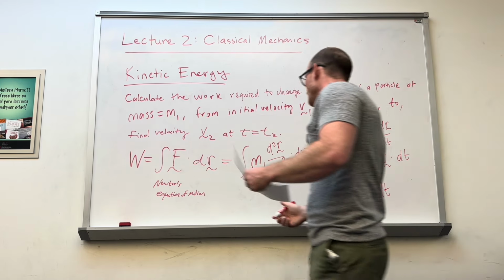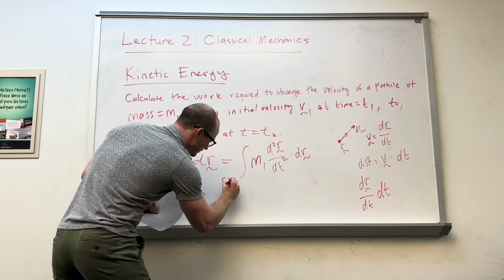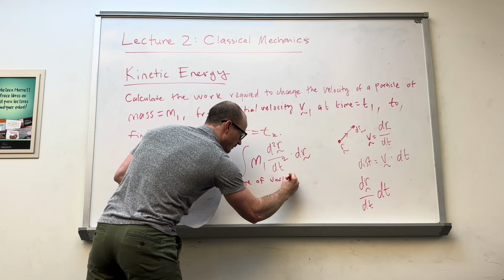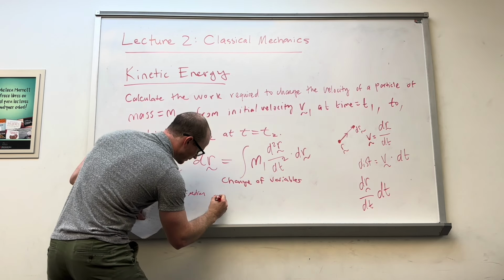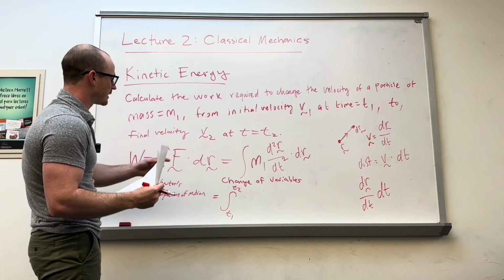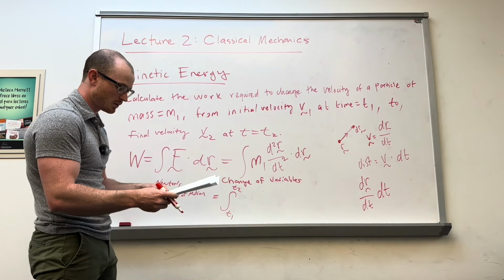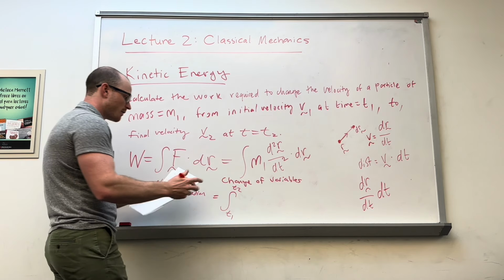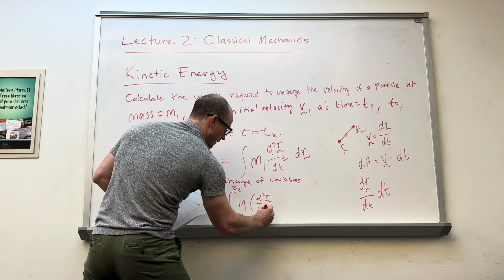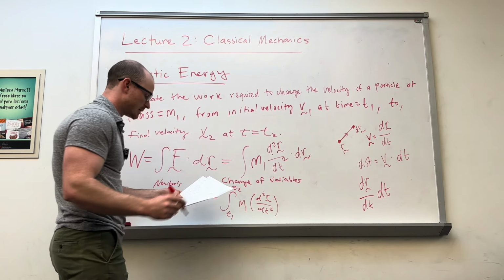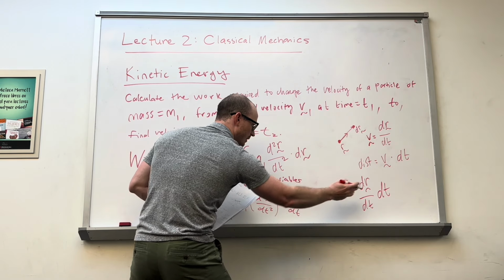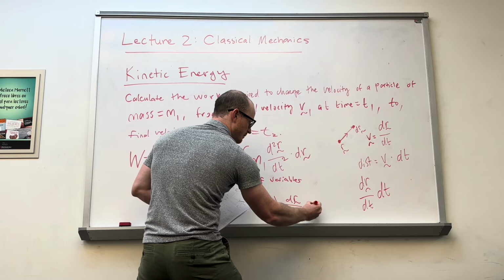Now what that's going to give us with our change of variables is a new integral in time, and we can say it's from t2 to t1. Remember, we're looking at the difference in velocity from t2 to t1, of m1 d squared r dt squared times dr/dt, this is our change of variable formula, dt.